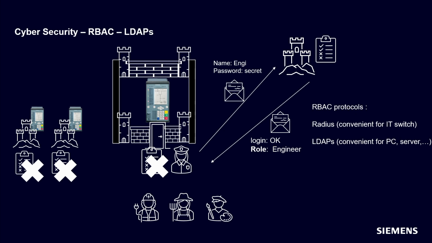And LDAP, the Lightweight Directory Access Protocol, is much more common in the IT world for users, servers, PCs. The advantage is that the complete message exchange can be encrypted with server authentication via TLS, using a certificate signed by a trusted CA.